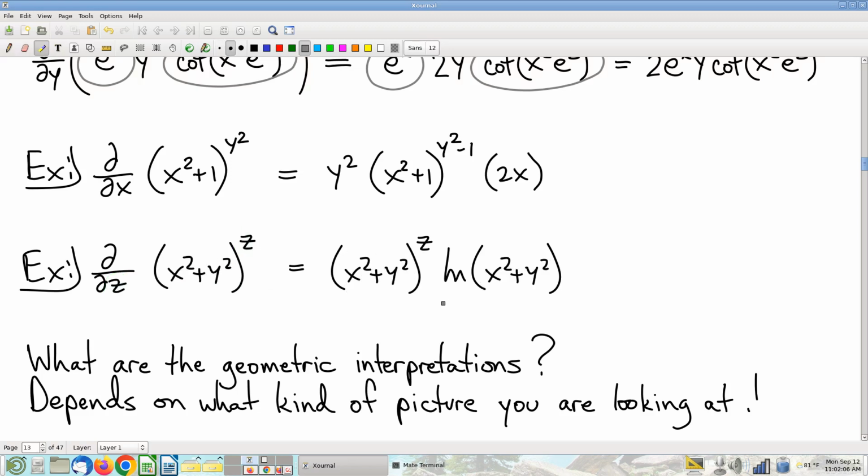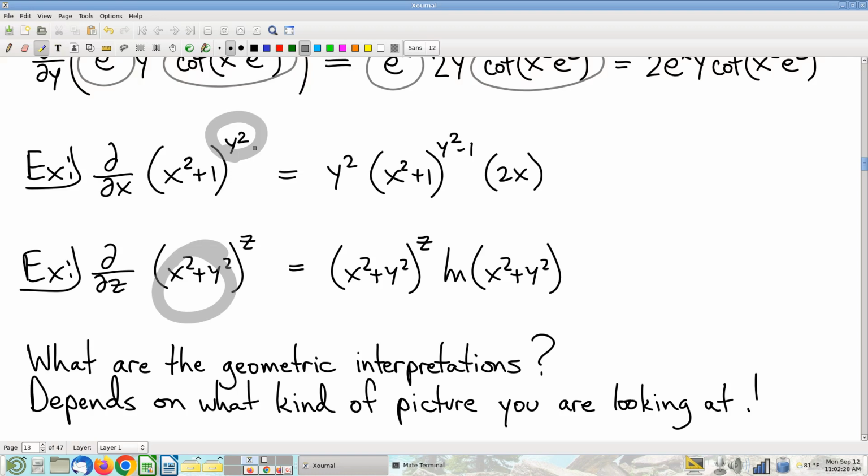So I personally will nominate partial derivatives as being the easiest derivatives to compute of any kind I've ever seen, because it's like single variable derivatives, but I get to just say, constant.